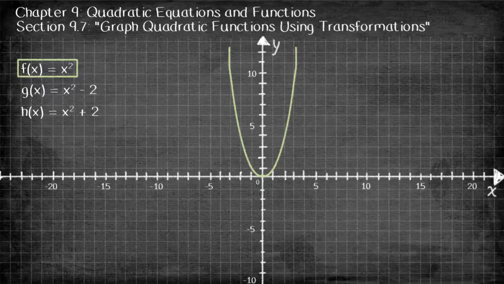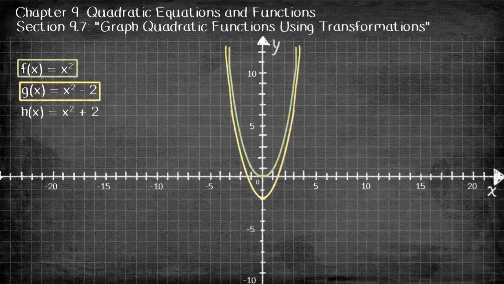So in the case of g of x, the net result is that your points are going to be moved down 2 units from the original graph. And in the case of h of x, your points on the graph are going to be shifted up 2 units. So adding a number to x squared gives you a shift in the upwards or downwards direction.